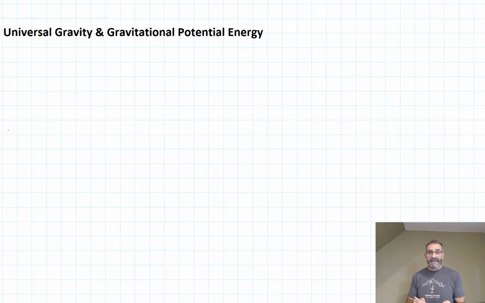So let's do a quick recap of how we got gravitational potential energy on the surface of the Earth.